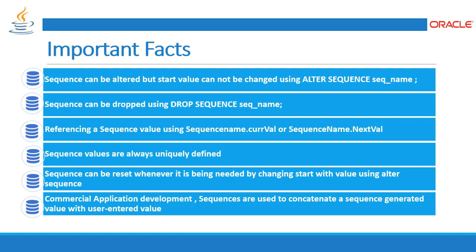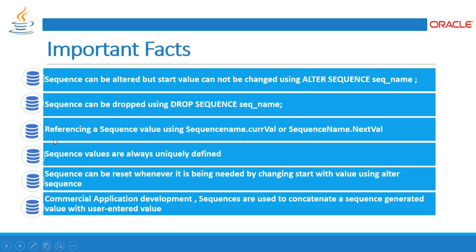Sequence can be reset whenever needed by changing the start with value using alter sequence. In commercial application development, sequences are mostly used to concatenate a sequence generated value with a user entered value. That's how we have an order ID or account ID by concatenating with a string.